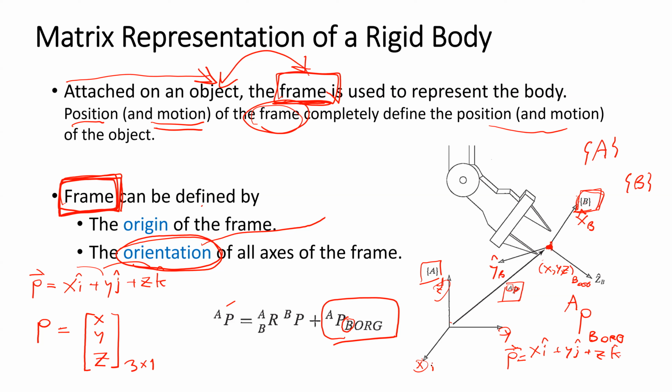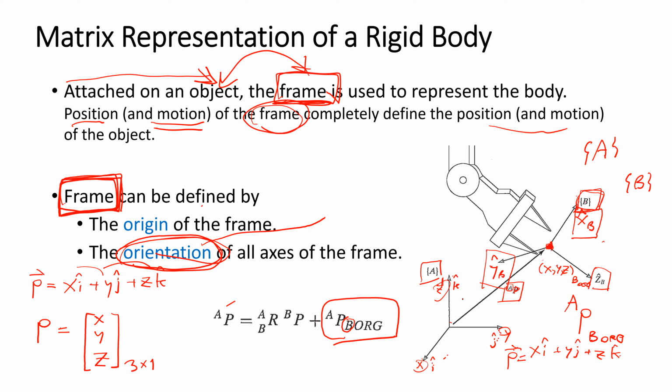The global frame has i, j, and k unit vectors. If we want to explain the orientation of the frame B, we need to find a way to tell how the angle XB makes with i, with j, and with k. How the angle of YB makes with i, j, k. And also how the angle ZB makes with i, j, and k.